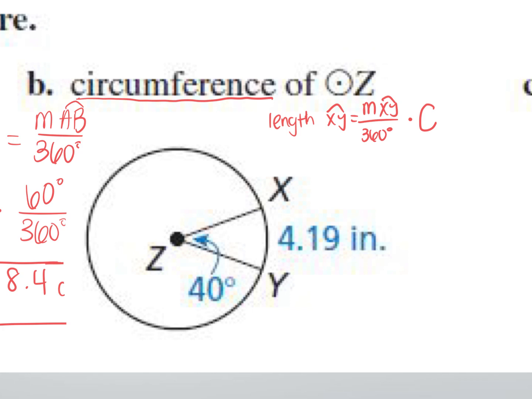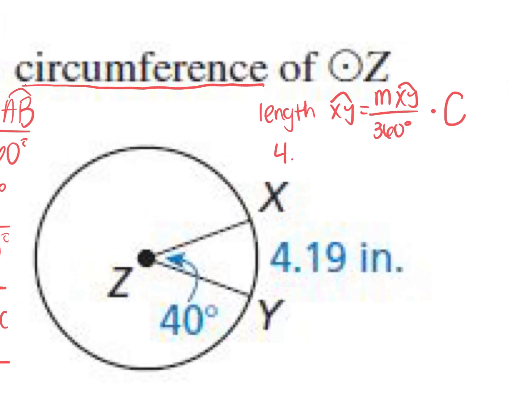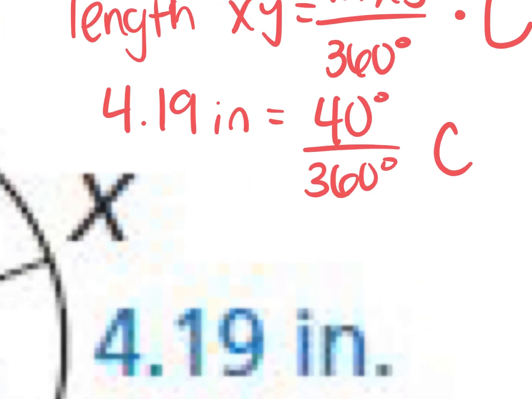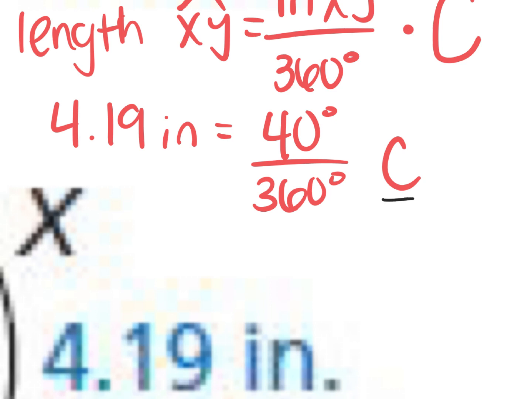So let's find the length of XY. We know what the length of XY is. What is it? 4.19 inches. Very good. Equals, what's the measure of the angle? 40 degrees over 360 degrees times our circumference, C. Remember now, we're solving for this variable, C. What can I do to both sides of the equation to solve for the variable of C, to isolate it?